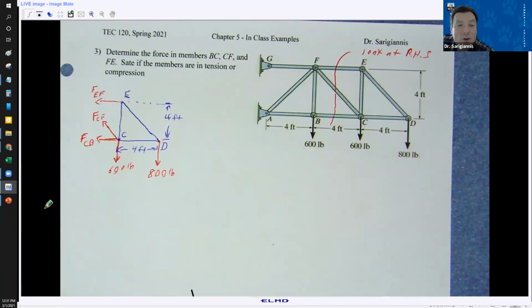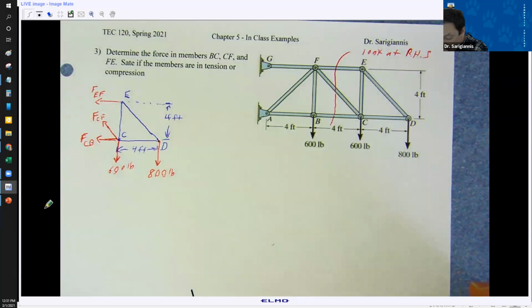So notice, I don't know for sure the directions of these things. I'm just drawing them all in tension. I don't know that they're in tension. I'm just drawing them that way. Let's see, I've got 4 feet, 4 feet. Yeah, that's pretty much all I need.